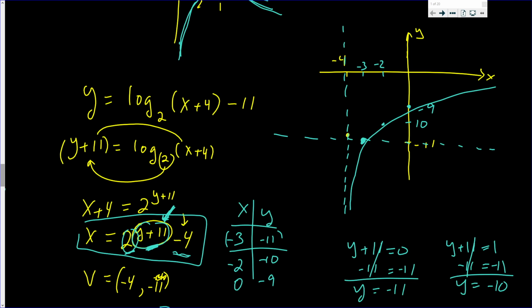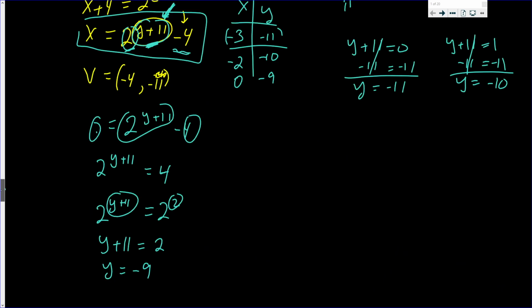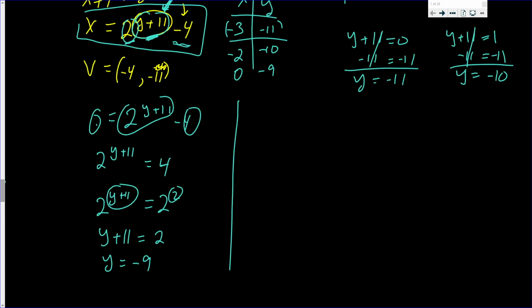You might want to find out where it crosses the x-axis. But those things depend upon your teacher, how exact he or she wants you to be. I'll do it one time. We know for sure y is 0 right there. So we have that x is equal to 2 to the 0 plus 11 minus 4.